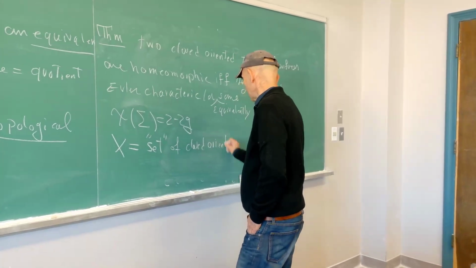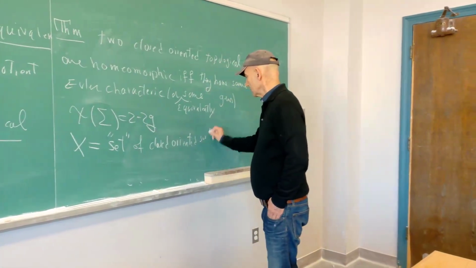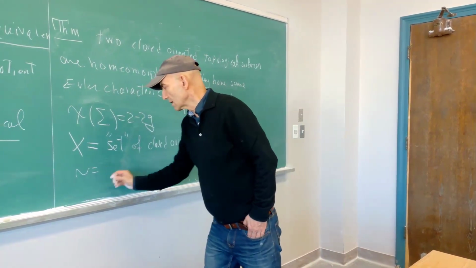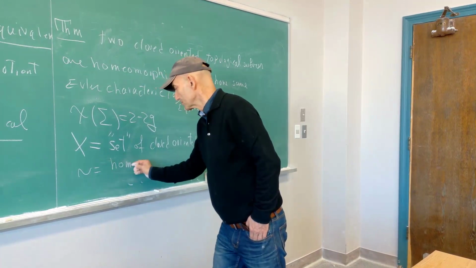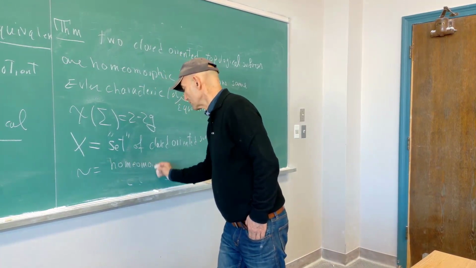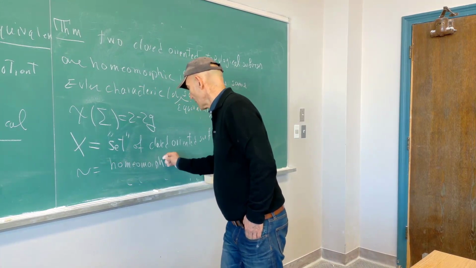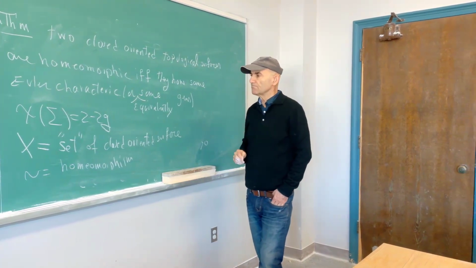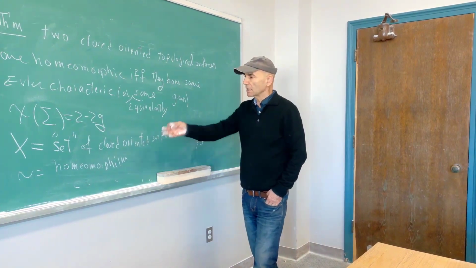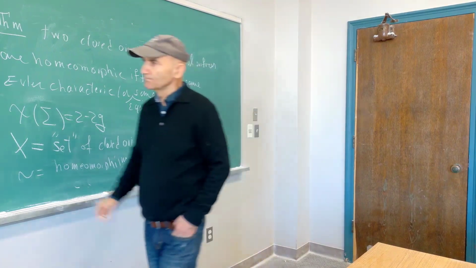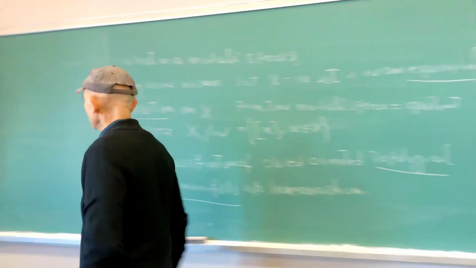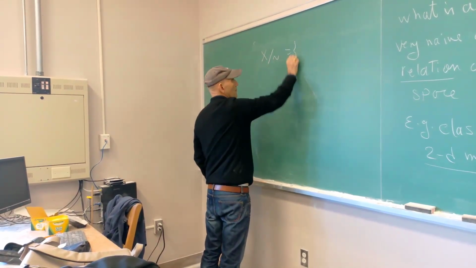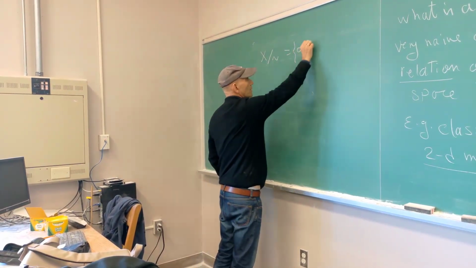but that's the set of those oriented surfaces, and the equivalence relation in this case is homeomorphism. So this theorem that was essentially proved in the 19th century says that X over this equivalence is actually 0, 1, 2, and so on.